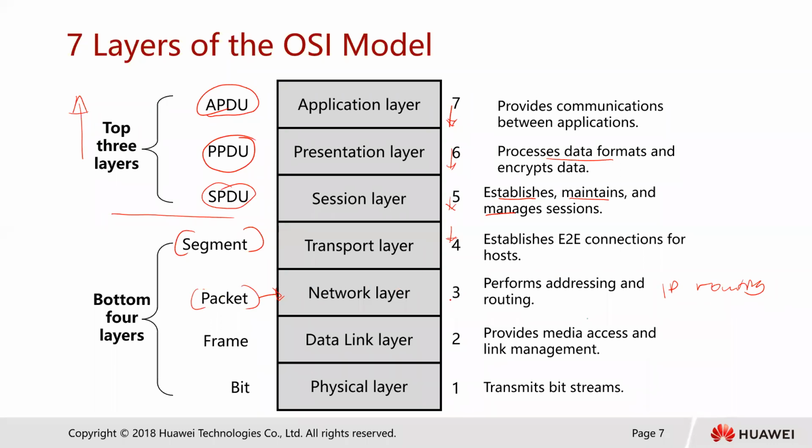So our packet is sent, and now we look at our data link layer, which is the second layer, and it provides media access and link management. The data link layer handles frames, and it's going to forward our frame to the physical layer, which transmits in bits and streams of ones and zeros.